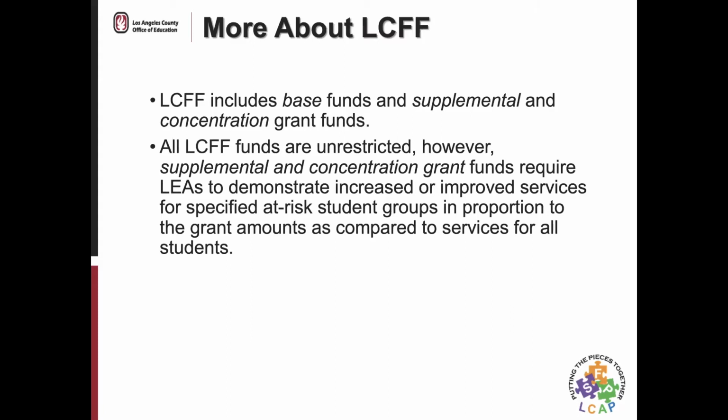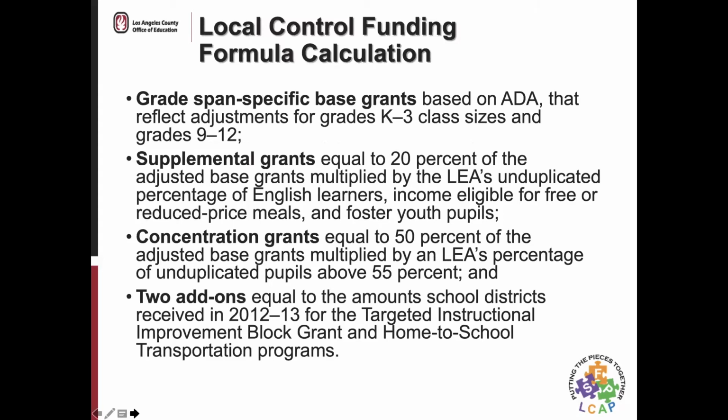All right, and then the next slide goes through LCFF in a nutshell. You have grade span specific grants, in recognition of additional costs for our youngest children and for high schools.